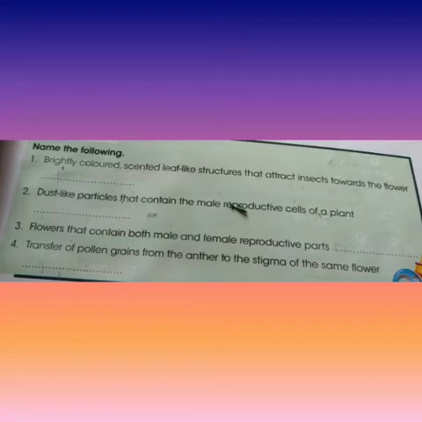The third question: flower that contains both male and female reproductive parts. And the fourth question: transfer of pollen grains from the anther to the stigma of the same flower. Like previously, now also I will share answers with you in my next video.